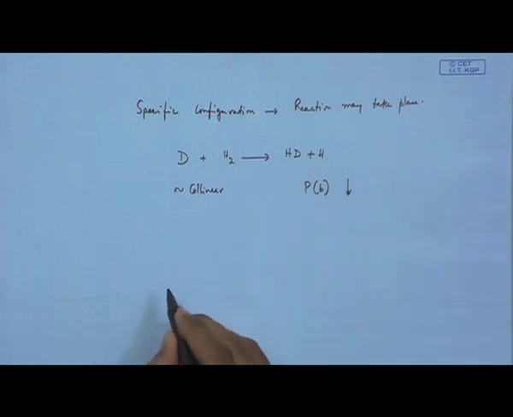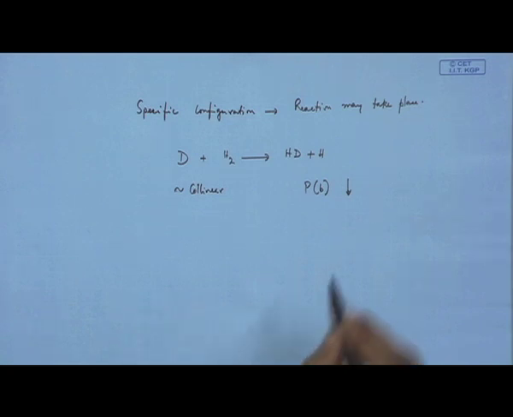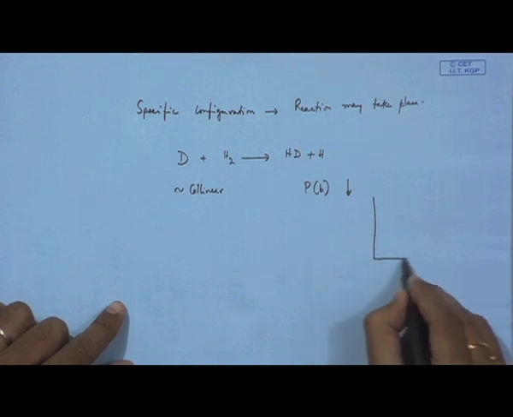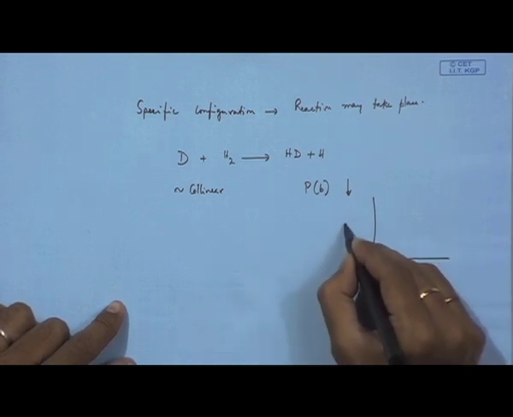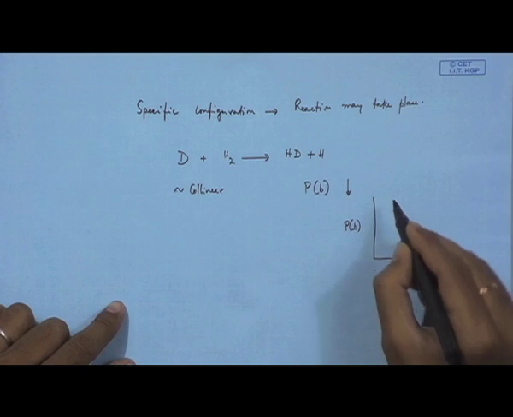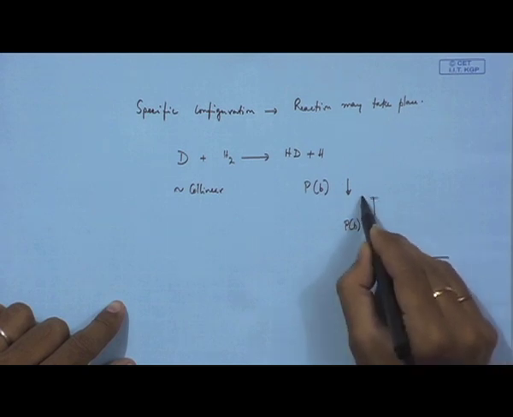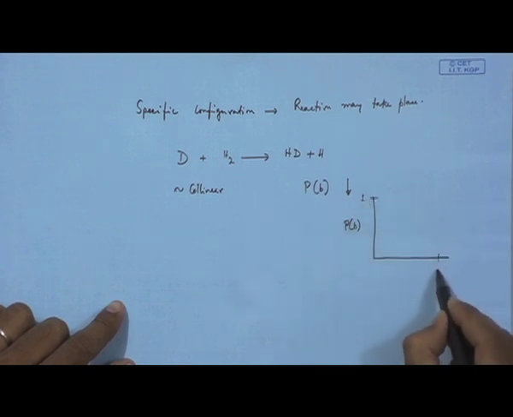So in that case, the step function that we started with in calculating sigma will have to be modified. We started with this Pb, the opacity function, with some value 1 up to B max.